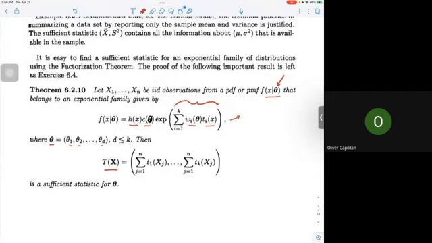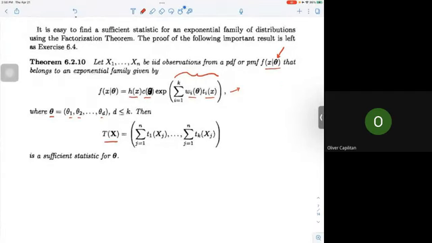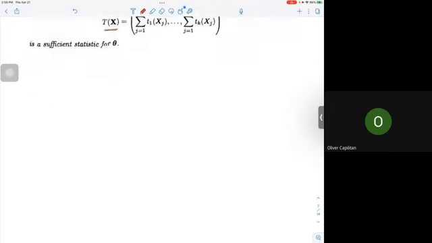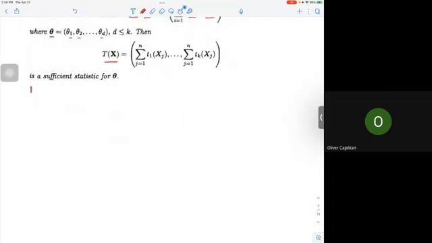The book did not give an example. It went straight to the definition of the minimal sufficient statistic. But I'm going to give you an example illustrating this theorem 6.2.10. That's why there is a big space there. This is not in the book, but let's have this example.